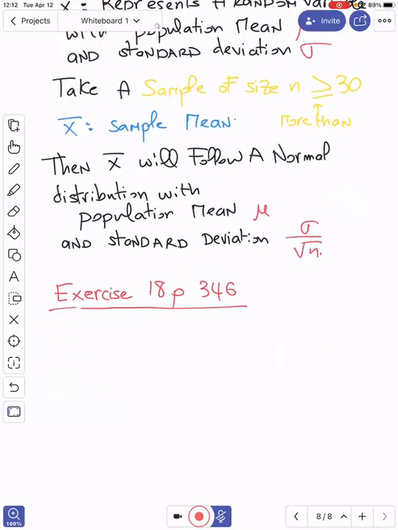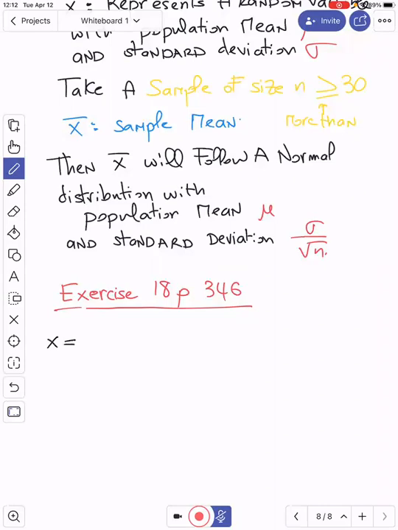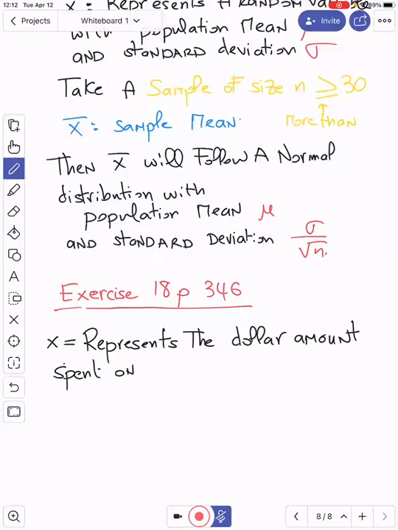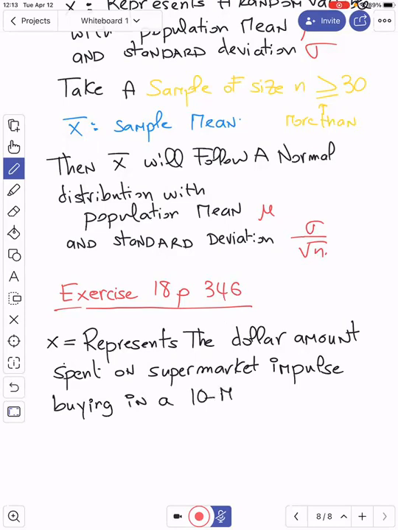X represents the dollar amount spent on supermarket impulse buying in a 10-minute shopping interval.